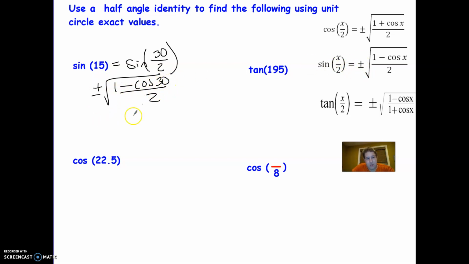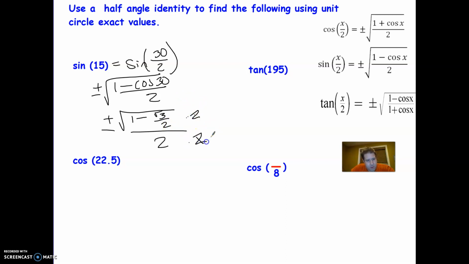Okay, so then I can change cosine of 30 because that's one of the ones they have memorized. So cosine of 30 happens to be square root of 3 over 2, and over 2. Okay, so there is going to be kind of a shortcut to doing this. Now, if you have anything over 2, I'm going to multiply this by 2 over 2.